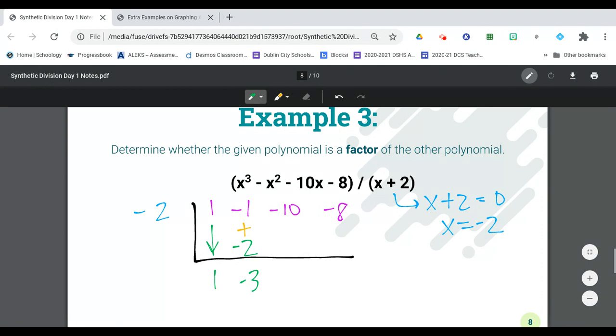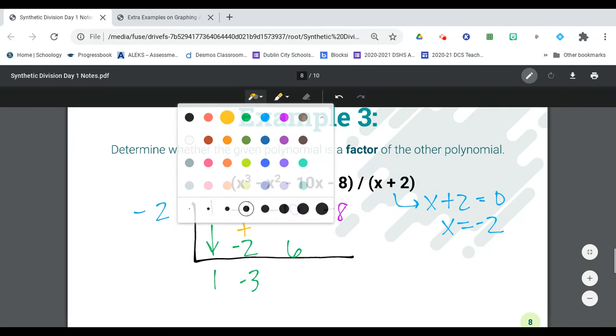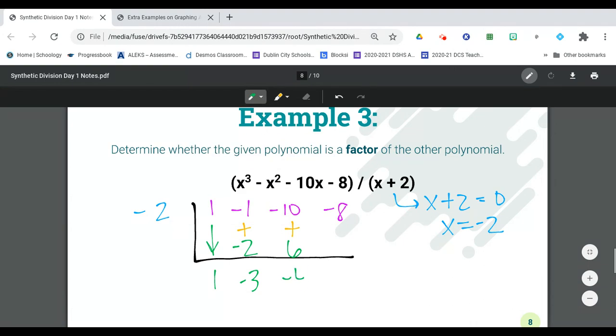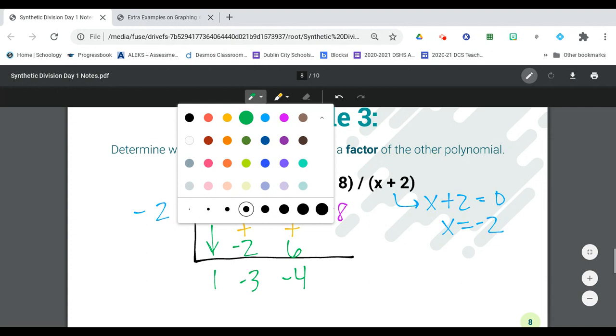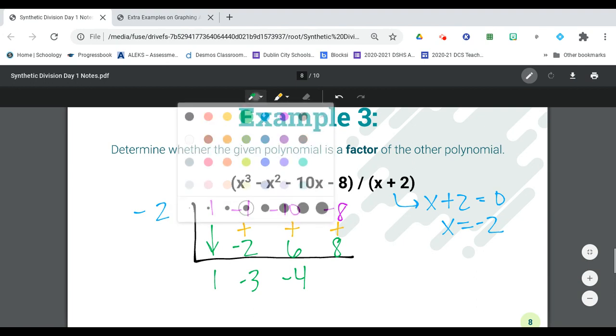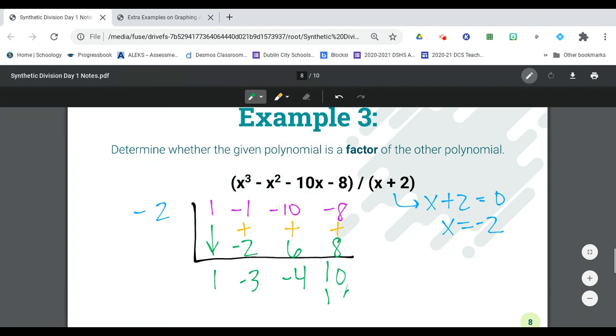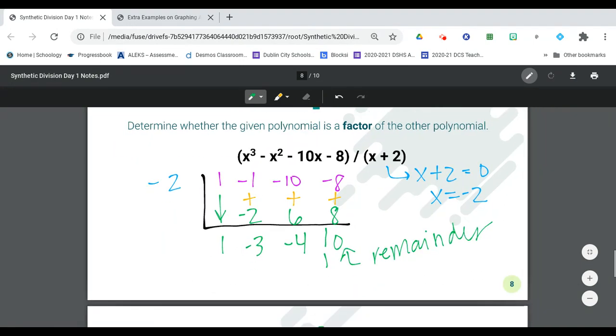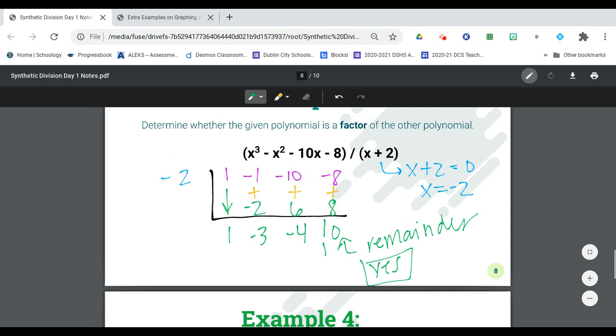Negative 3 times negative 2 is 6. Add, that gives me negative 4. Multiply, gives me 8. Add, and I get 0, which tells me then that this would be a factor because my remainder is 0.